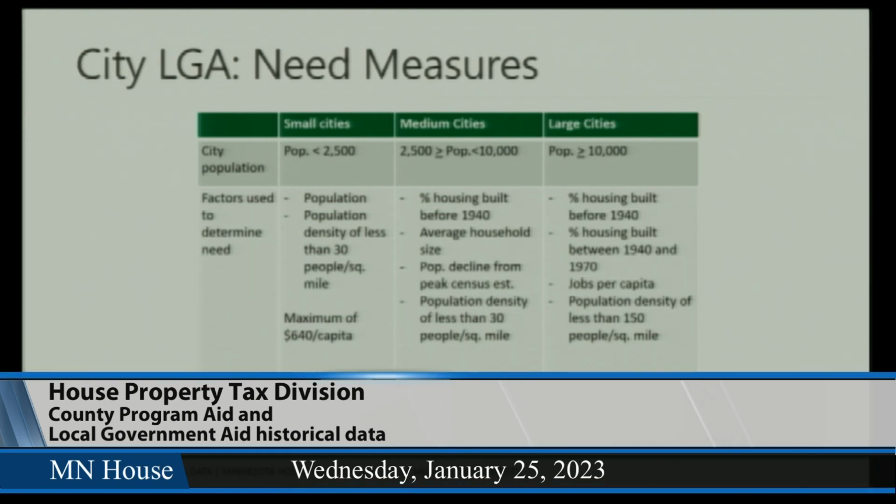Population density could affect need in that if you have two cities of the same population size, but one is far less dense, they may have more streets or more infrastructure than a city that is more dense. If you think of it as infrastructure per capita, which is not really a measure, but just a way to think about this.